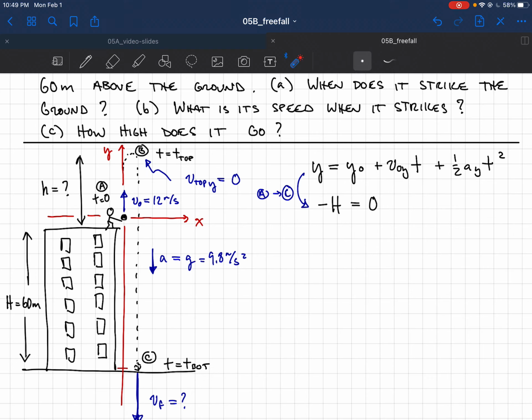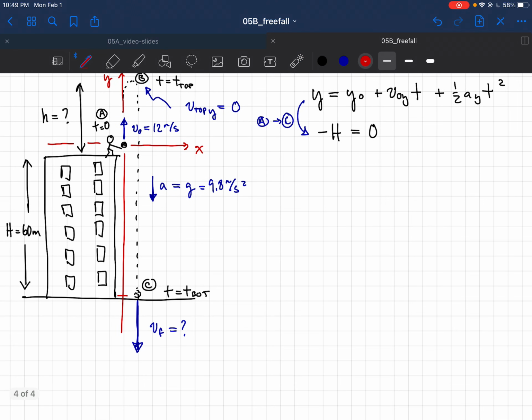Then we have the initial velocity in the y direction, the y component of the initial velocity. Well, this is the initial velocity, and you can see it points upward in the y direction. So let's just look at its component. That's the y-axis. I place my initial velocity vector on it, and this number, v0y, you can see it's a positive number, and it's equal to the magnitude of the vector, v0.